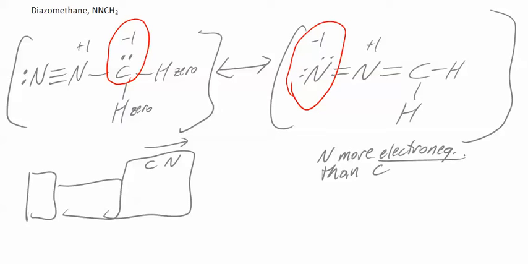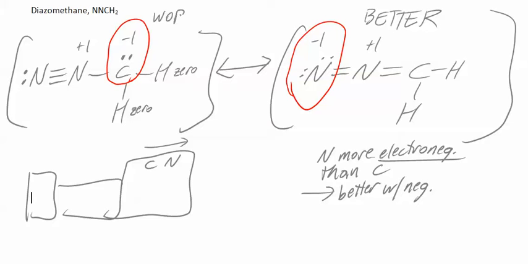Remember, electronegativity is how much you pull electrons to yourself. If you pull electrons to yourself, that means you like to be negative. So N is better with a negative charge. So this structure on the right is going to be better, and this structure on the left is going to be worse.